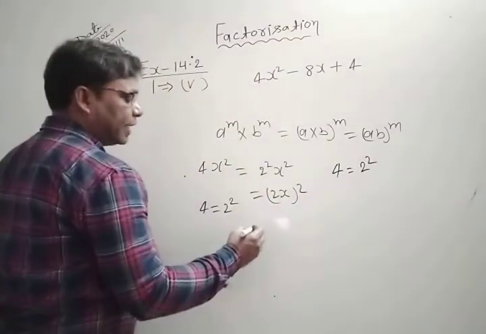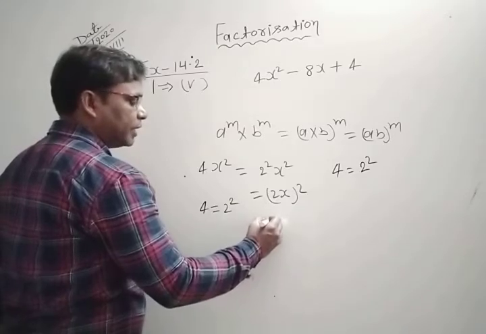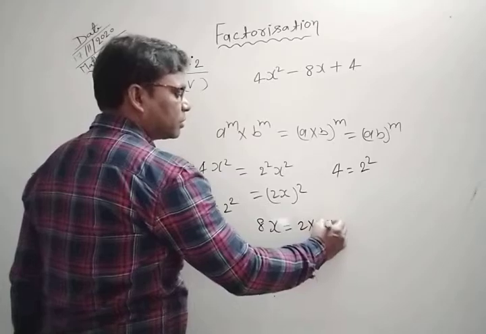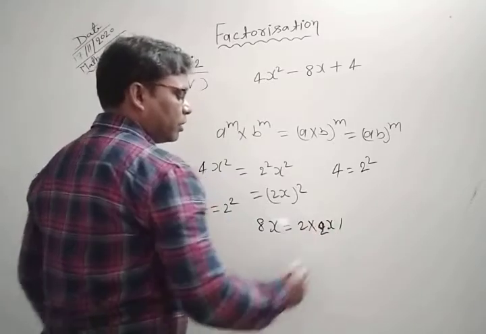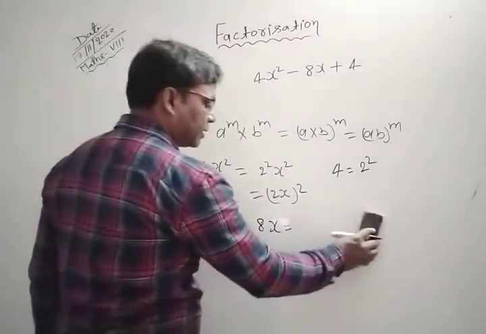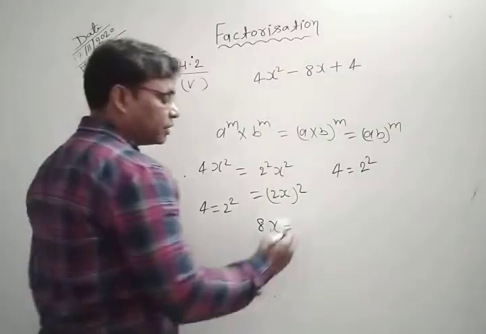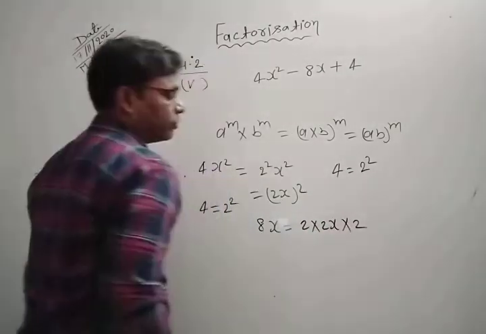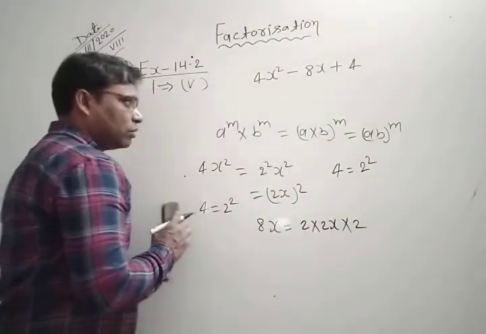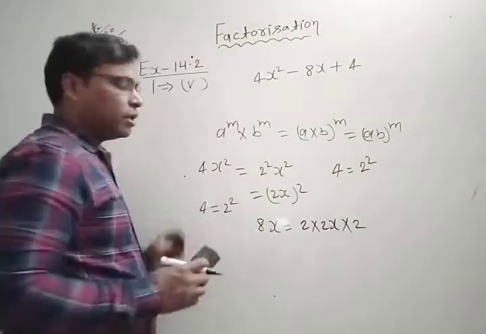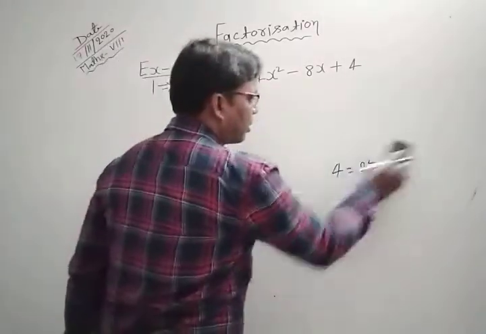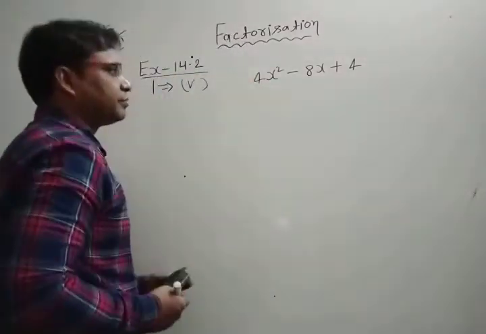Clear? And 8x. What do you mean by 8x? 8x is equal to 2 into 4x. 8x is 2 into 2x into 2. Okay. So I hope all have understood these factors. And now we can write the given expression like this.